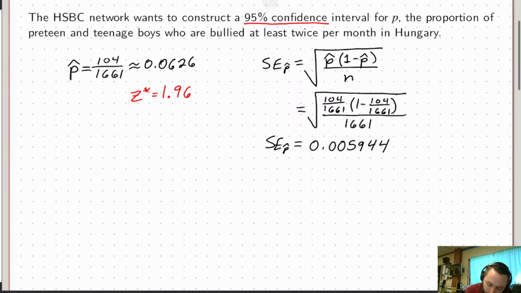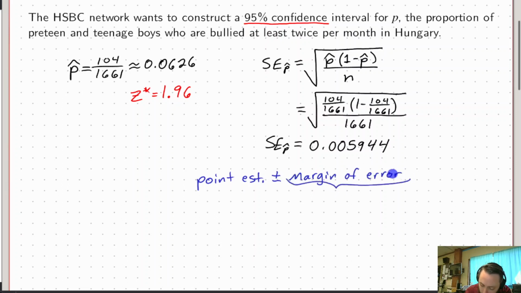Now that we have that, every confidence interval is always going to be some sort of point estimate plus and minus the margin of error. The margin of error is z star times the standard error in this case.